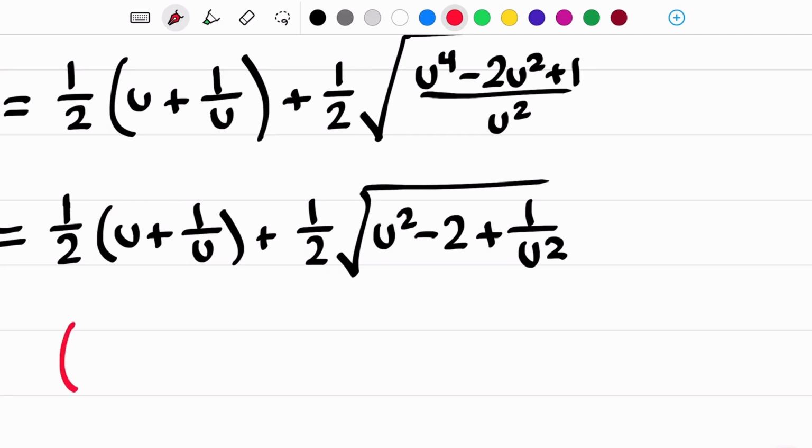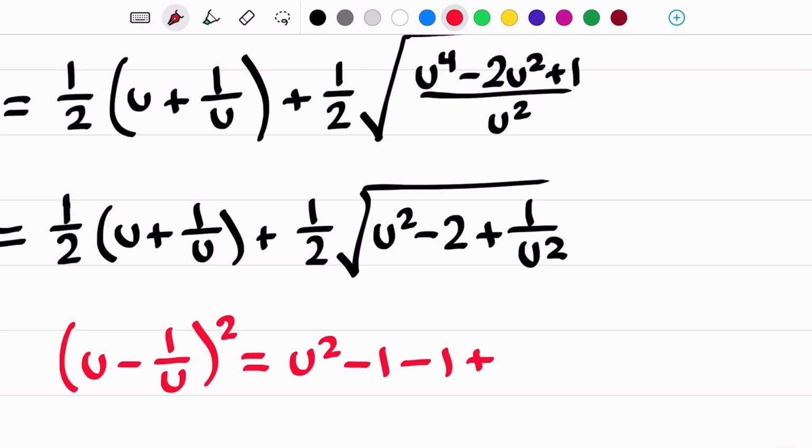And sure enough, u minus 1 over u, squared, is equal to u squared, and then it's going to be plus u times negative 1 over u, which is minus 1, and then we do that again, and then we add 1 over u squared. And when we simplify this down, there you have it. U squared minus 2 plus 1 over u squared.